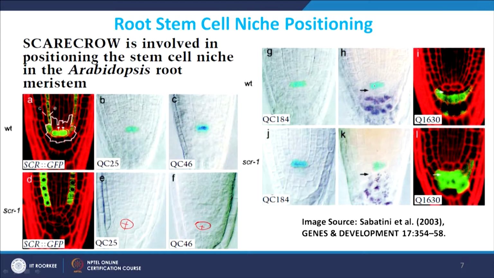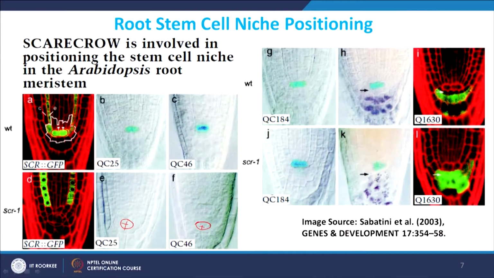In the wild type, this is the QC and these are the columella stem cells, and there is no granule accumulation. But in the absence of Scarecrow protein, the cells just below the QC start accumulating starch. So, this tells that columella stem cell maintenance is defective in the case of scarecrow.